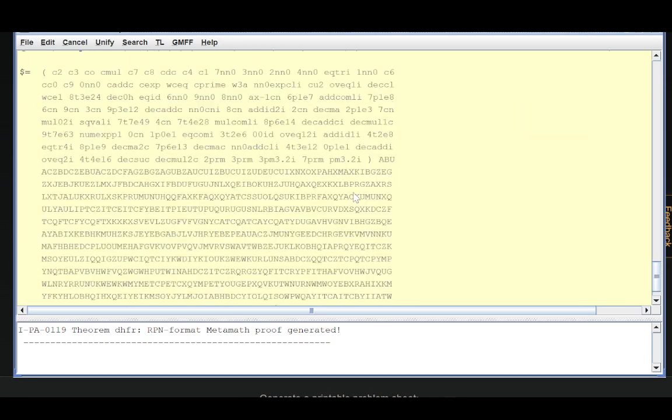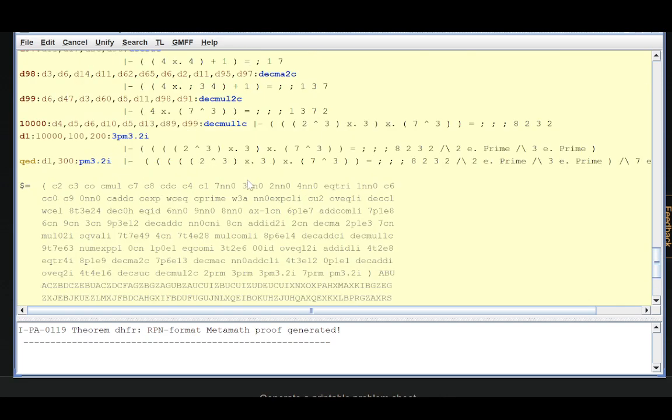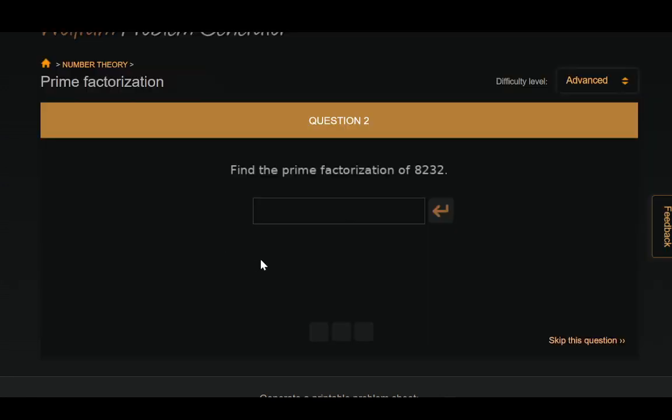Incredible. All right. Metamath proof generated. So we are completely sure that this is true. So it's 2 cubed times 3 times 7 cubed. And I'll probably enter it wrong again and we'll lose Johannesburg. But, you know, that's the way it goes sometimes. Times 7 cubed.